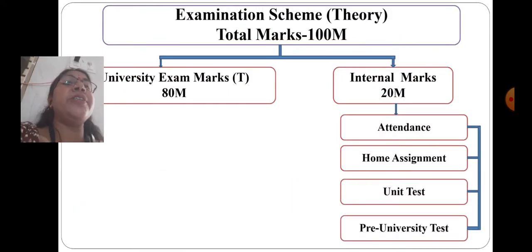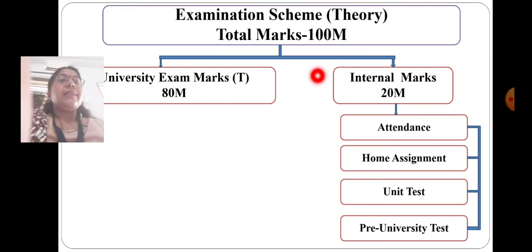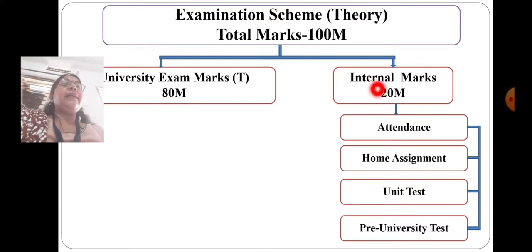Now the examination scheme for theory. The total examination is of 100 marks. Here the university theory exam is of 80 marks, and internal marks are 20.